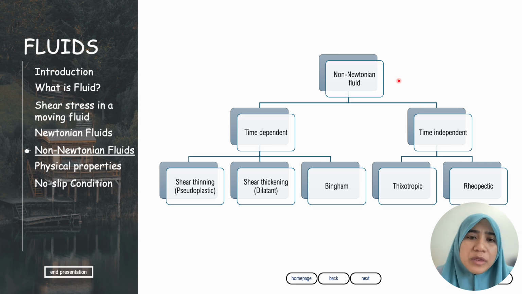For the non-Newtonian fluid, we can divide it into two, either time dependent or time independent. Examples of the time independent fluids are shear thinning, or we call it pseudoplastic, shear thickening, dilatant, and lastly Bingham. For time dependent, we have thixotropic and rheopectic.